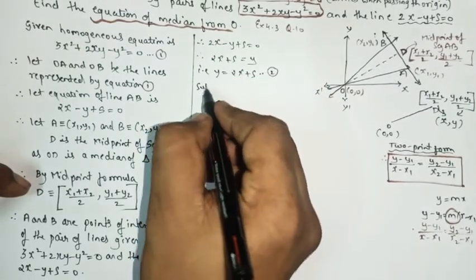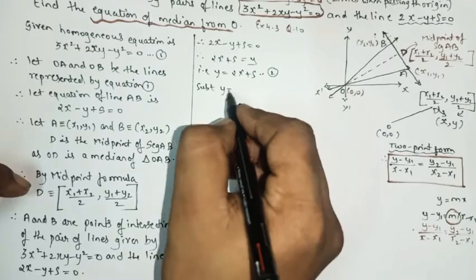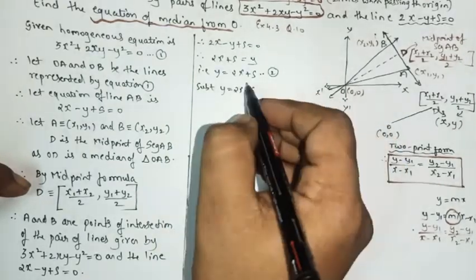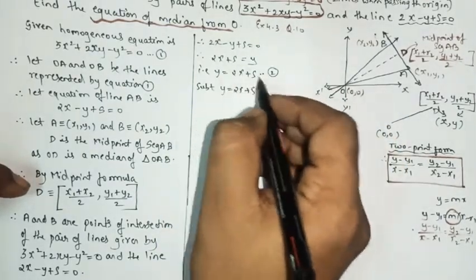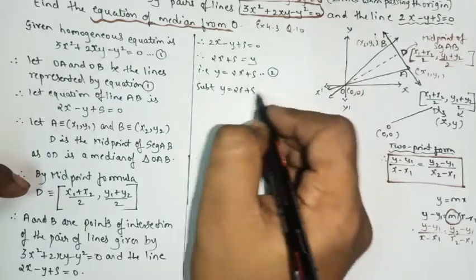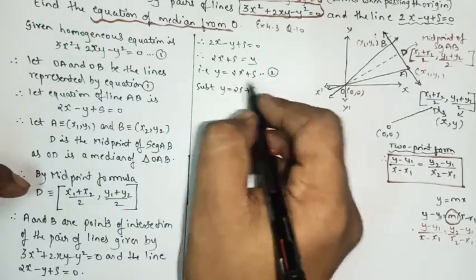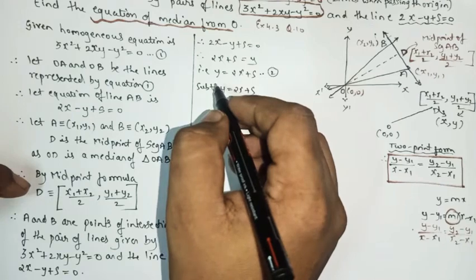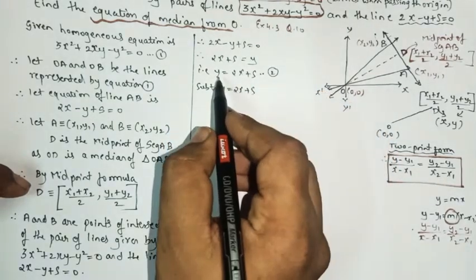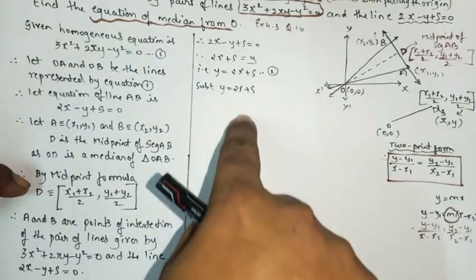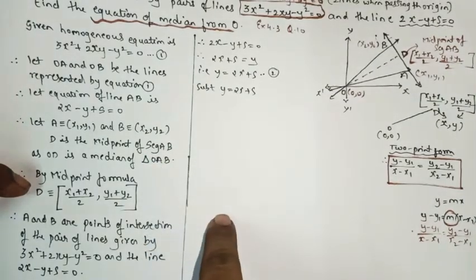Simply what you have to do, substitute y equals to 2x plus 5. Here you can prepare the value of x also. It is not compulsory that you have to make the value of y. If you make the value of y, further when you solve you will get the value of x.